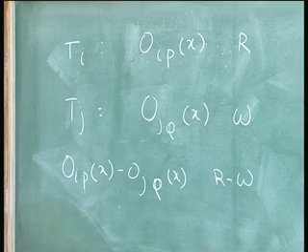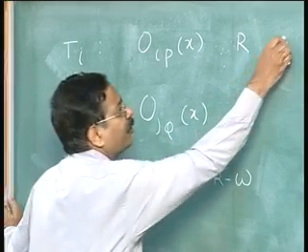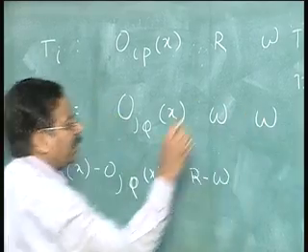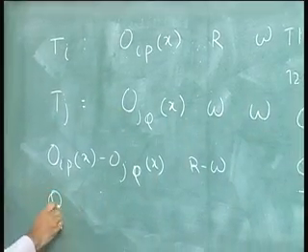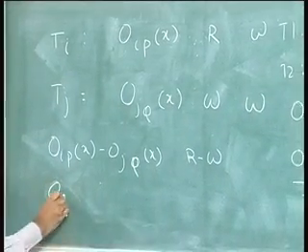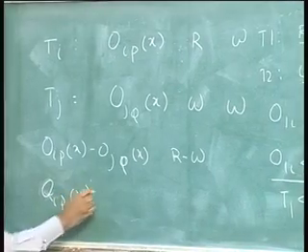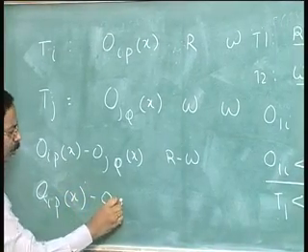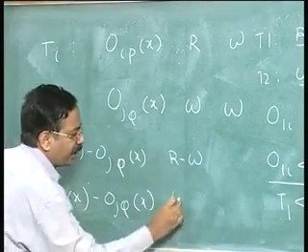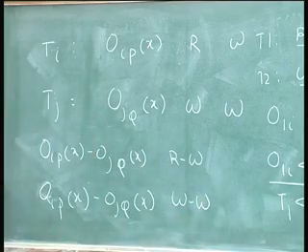Now, if both are writes, between operations OiP(X) and OjQ(X) you see a write-write conflict.